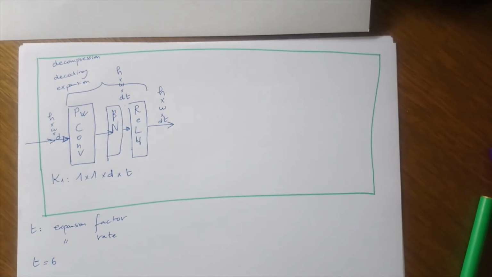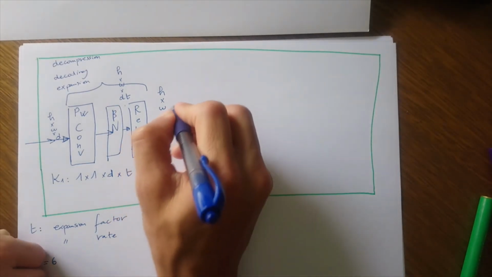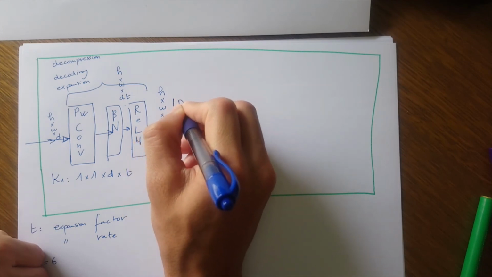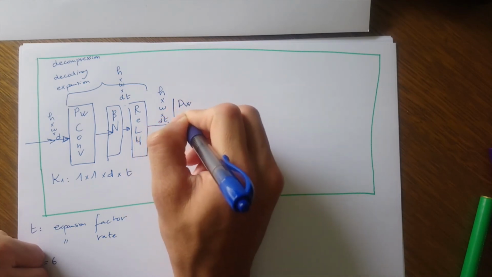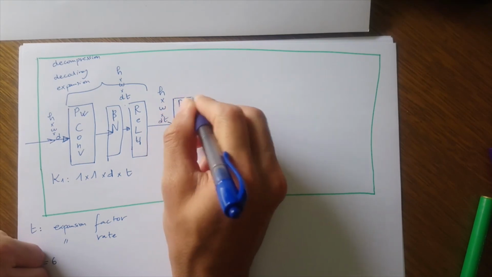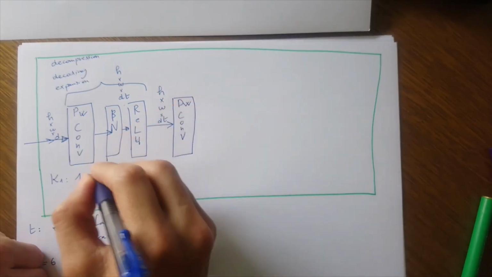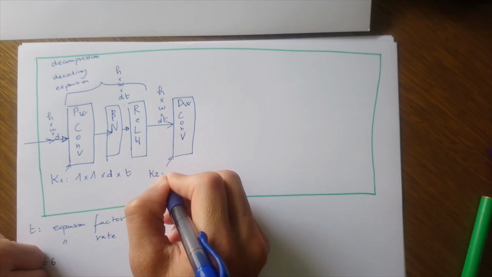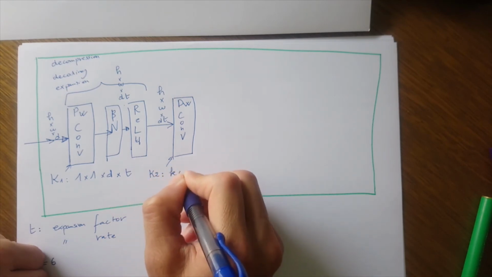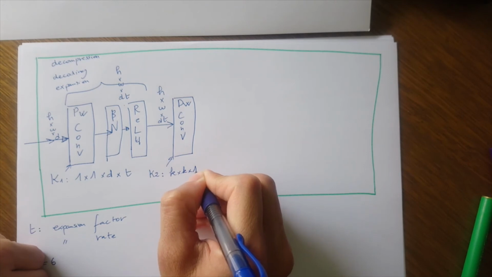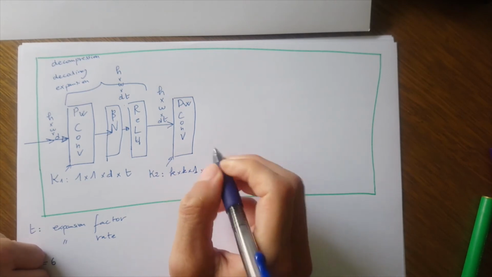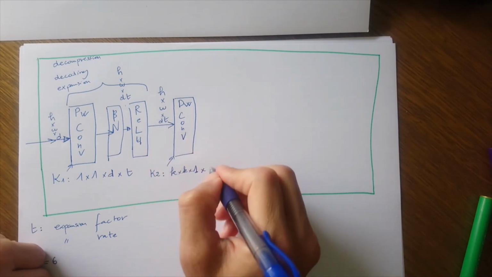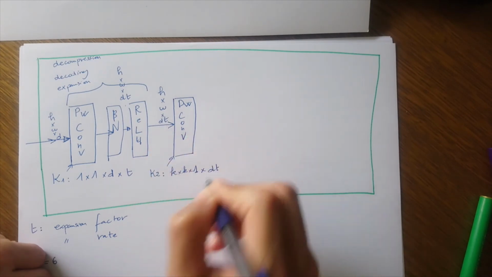In depthwise separable convolution, the first step is to apply depthwise convolution. This is handled with a kernel K2 with the following dimensions: K times K times 1, and the number of kernels should be equal to the number of channels, dt.